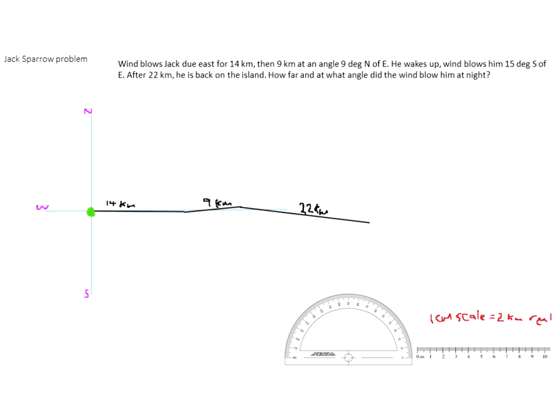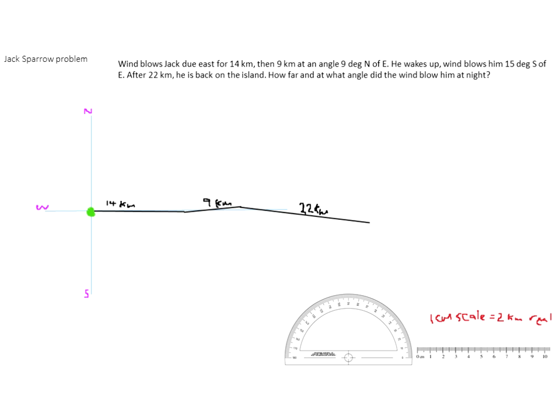So our resultant vector is going to, let's do it this one instead. So we want to know how far and at what angle did the wind blow him at night.